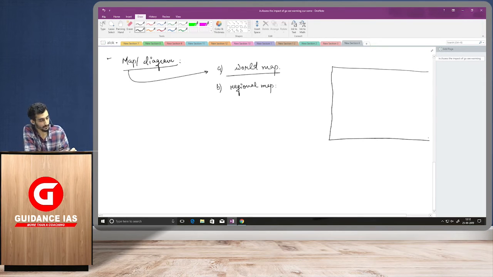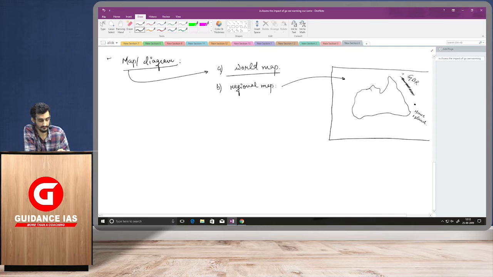And if we try to draw a regional map, the best one is to draw a map of Australia, and here lies the Great Barrier Reef, and there lies an island called Howe Island.